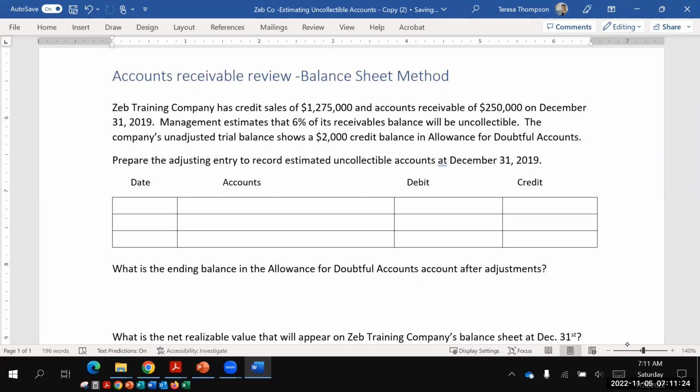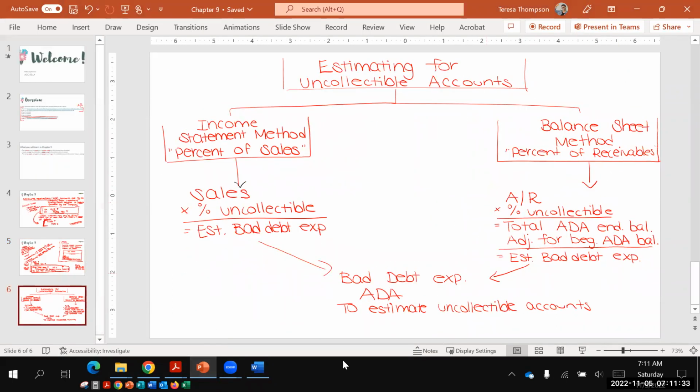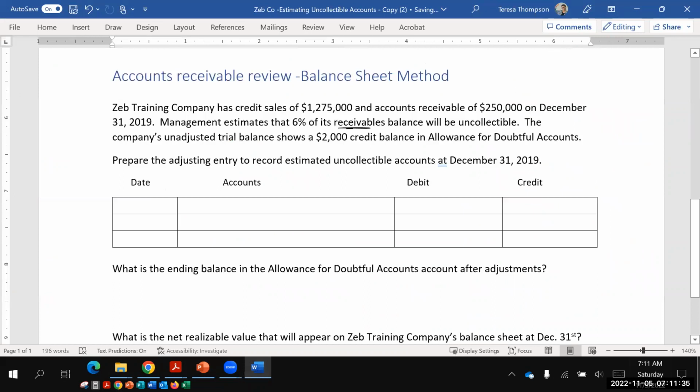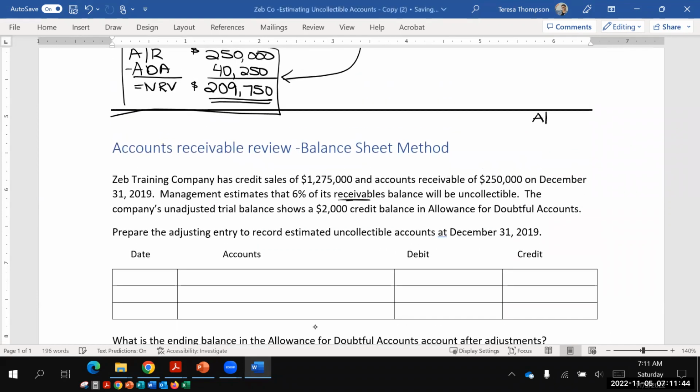Now we're using the receivables, percent of receivables, right? So remind yourself what that formula is. Here it is. Well, let's jot it down. It's going to be AR times percent uncollectible.